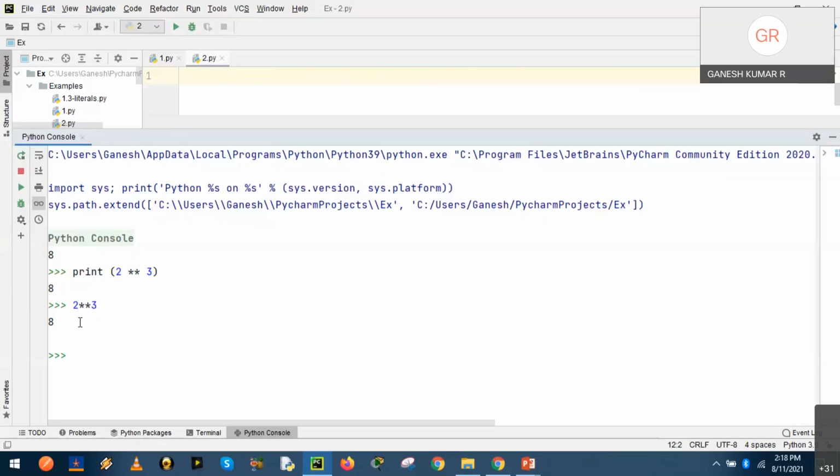So just type 2 power 3, we get 8. It's exponentiation of 2 to the power 3. To get the power operation, just imagine how many lines we may require in C, C++ or Java. We need to start with the include, then the main function, declare two variables.